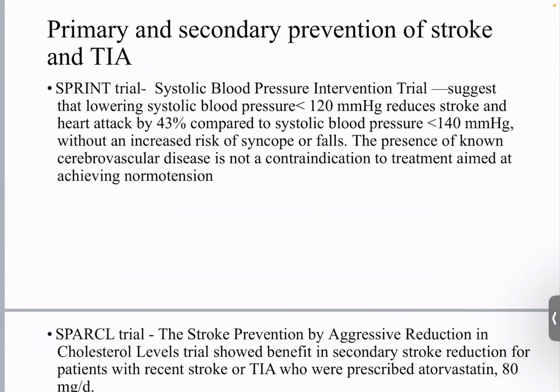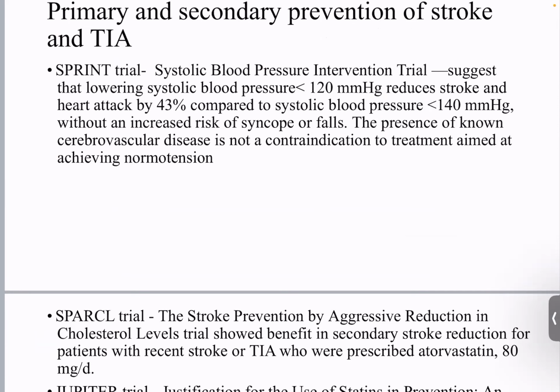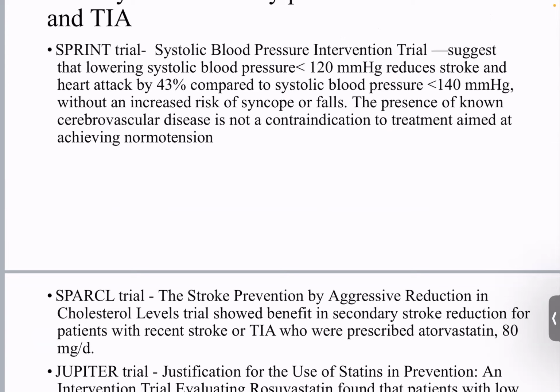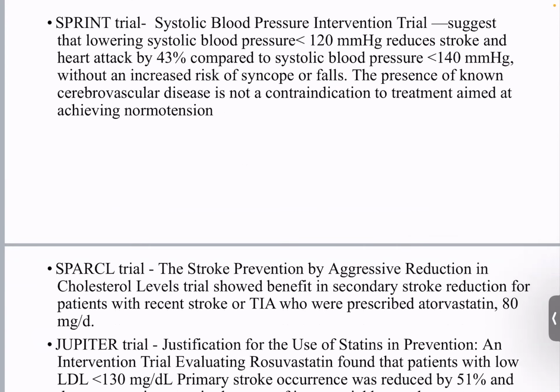Again, the SPRINT trial is the Systolic Blood Pressure Intervention Trial, which showed that keeping the blood pressure less than 120 is known to decrease the incidence of stroke.